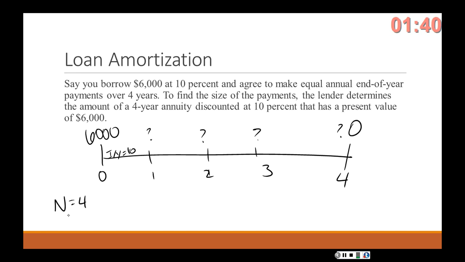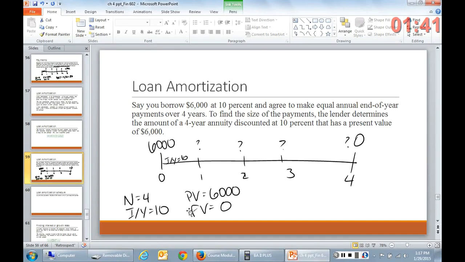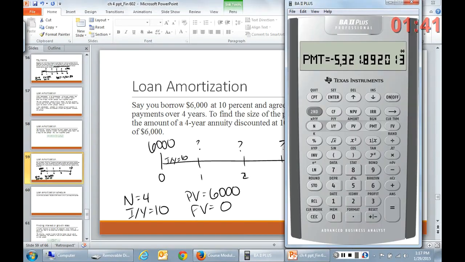So N is 4. The interest rate is 10. The present value is $6,000. The future value is 0. Again, I know that we need to solve for payments here because these are equal periodic cash flows. So first step is to clear your time value of money.